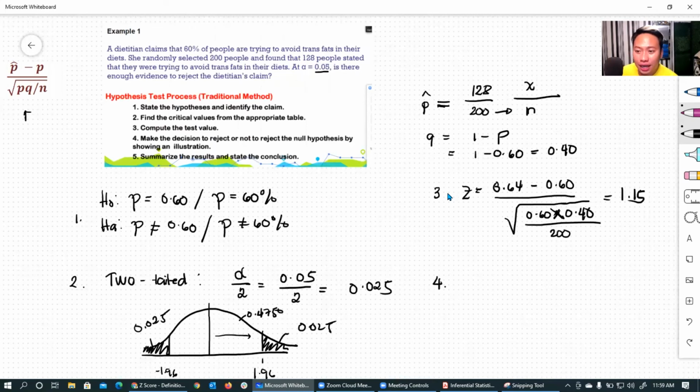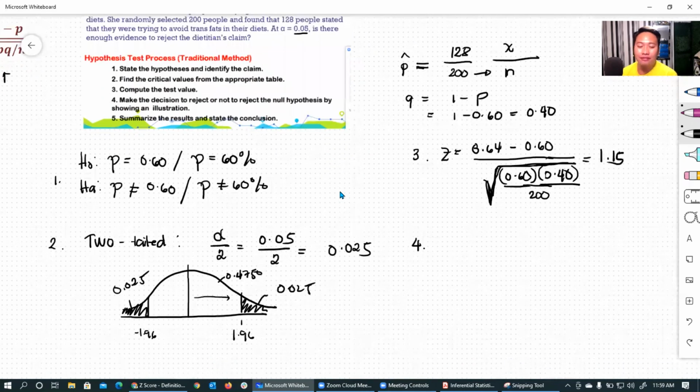This one here is multiplication. 0.60 times 0.40, and this whole thing should be under a square root symbol. You would get 1.15. Thank you so much, Alisa, for confirming.